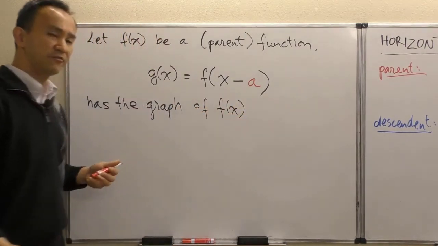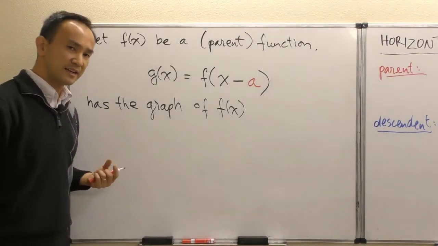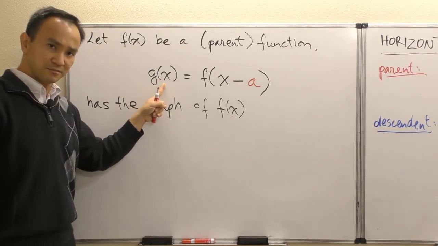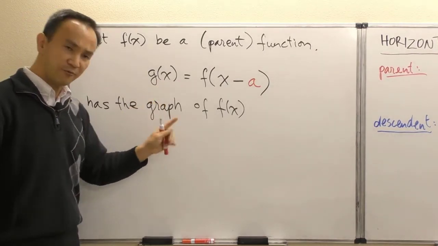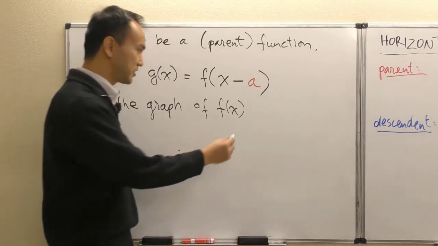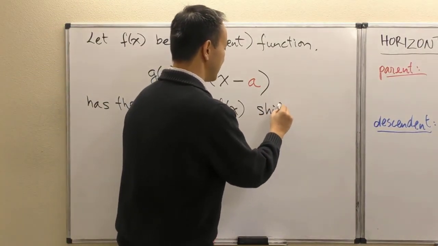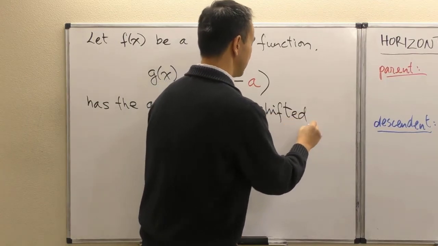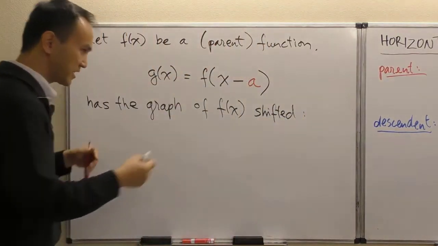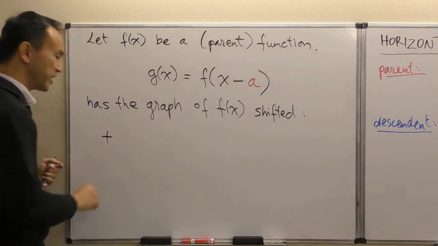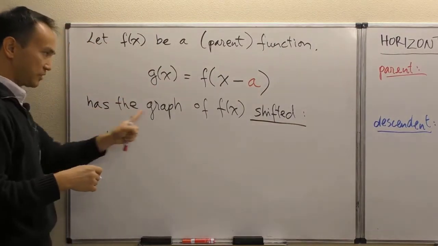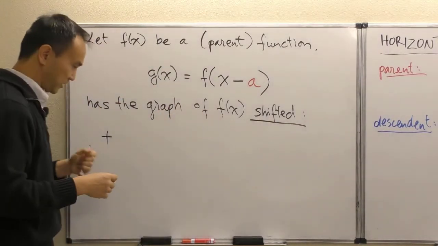Just like how I wrote down the general rule for vertical shift. So here, this descendant function will carry the shape of the graph of f of x, but then shift it. Of course, we know it's horizontally. Let me skip that term. Let me break that into 2 cases. So this g of x has the graph of f of x, but shifted.